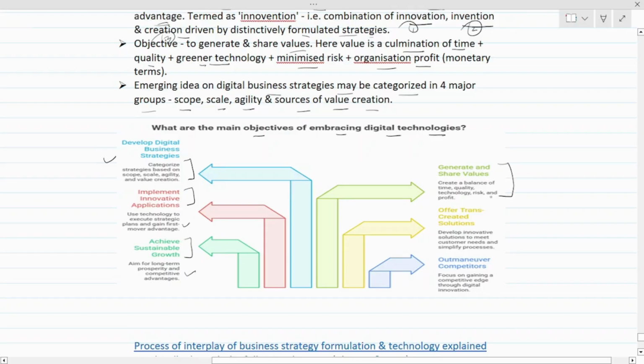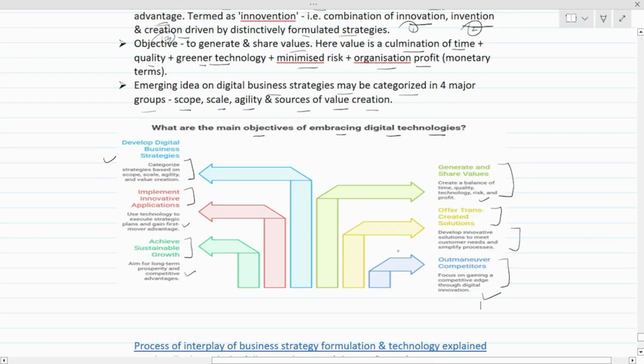You generate and share values wherein you create a balance of time, quality, technology, risk, and profit. More profit in terms of money, that is monetary terms. Offer trans-created solutions, that is, develop innovative solutions to meet customer needs and simplify processes, and to outmaneuver competitors. That's a phrase we read. Focus on gaining a competitive advantage through digital innovation.